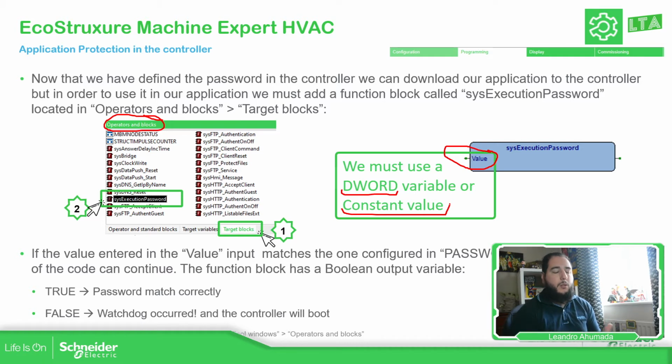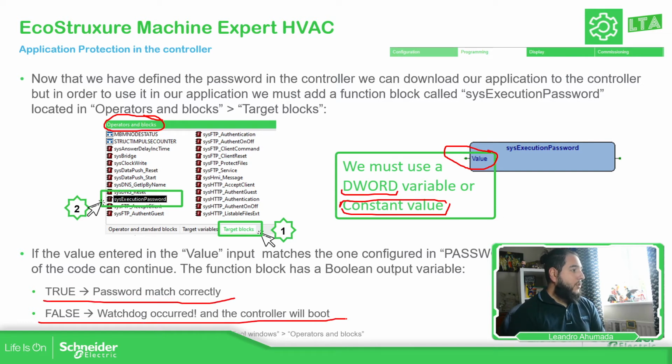Nobody should know it. If the application located in the controller is only the binary code, there is no one who can actually read what you have in there. So that's the magic of having this constant value over here. If the value matches correctly, fine; if false, a watchdog will occur, and the controller will boot again.